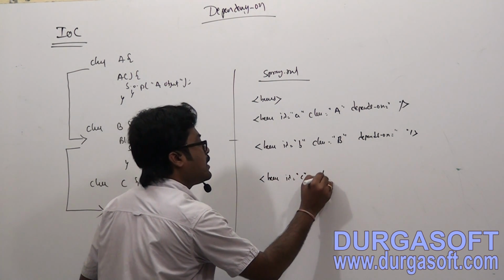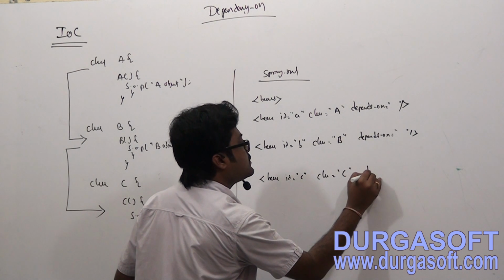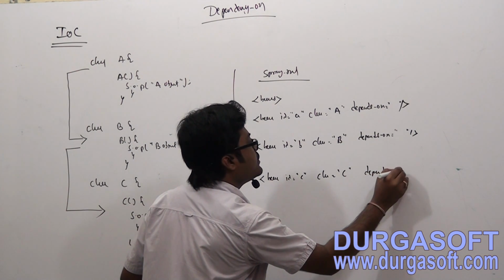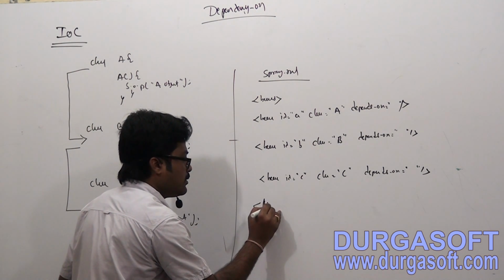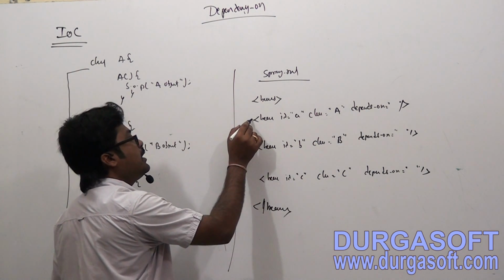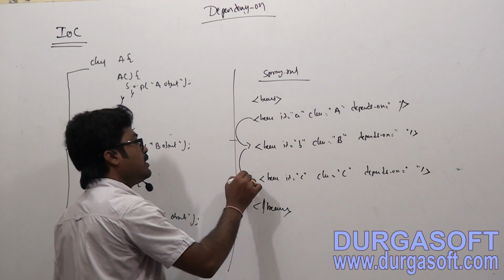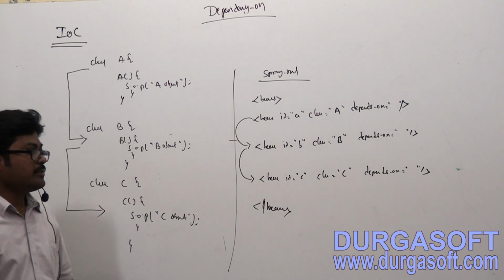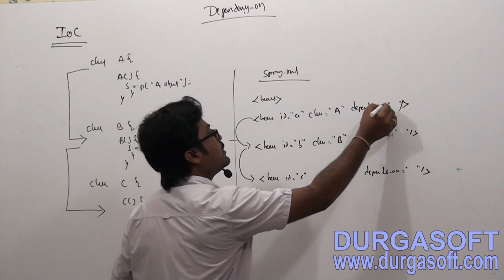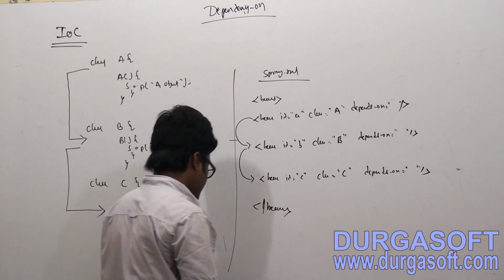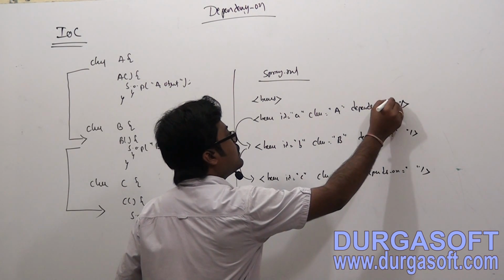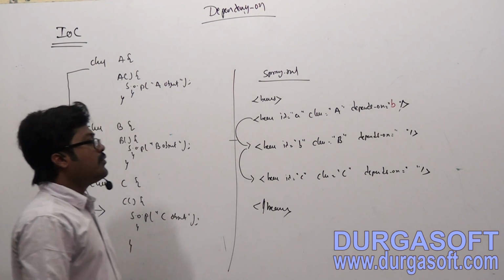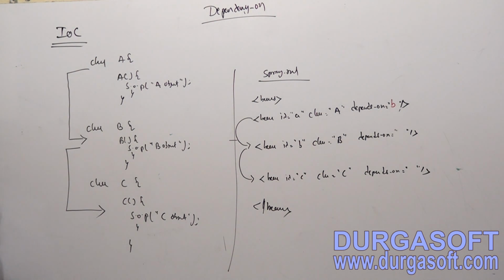Bean id C, class name C class, depends on attribute. So now to apply A depends on B, B depends on C, you need to configure this reference. If you configure the B reference, then before creating A class object, the container must create B class object.